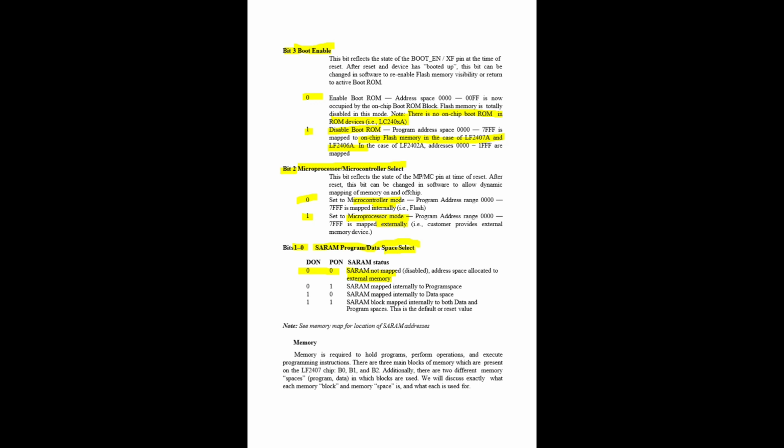If it is 01, it is going to work as program memory. 10, it is going to work as data memory. 11, both. This B0, B1, B2 concept and all the memory concepts, we have already seen, the 3 main blocks.